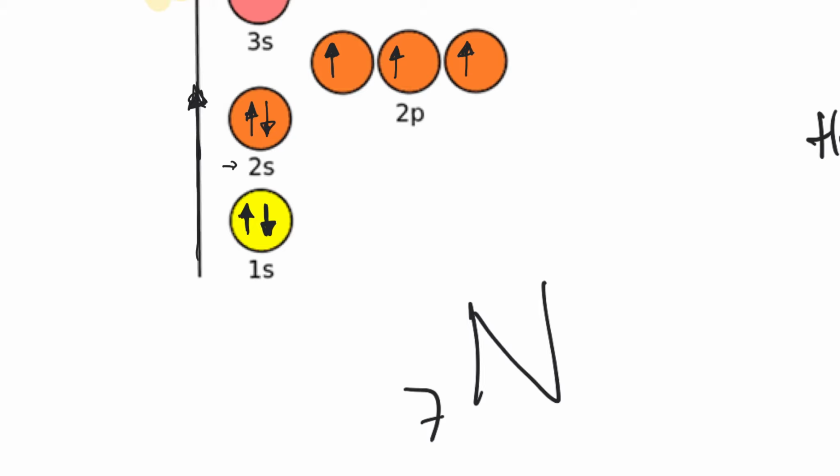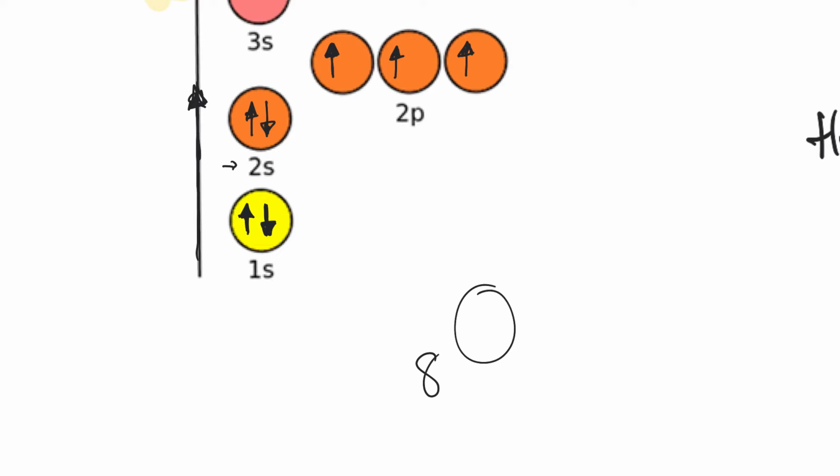So let's look at, for example, oxygen. The neutral atom of oxygen has 8 electrons. So to re-emphasize this, you have this first one here, number 2, 3, 4, 5, 6, 7, and the last electron is going to double the first one.